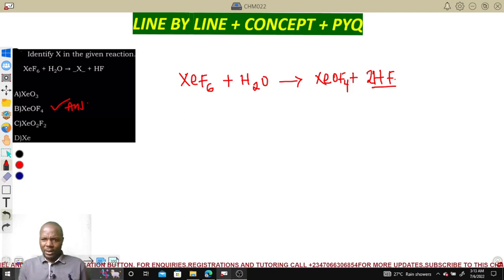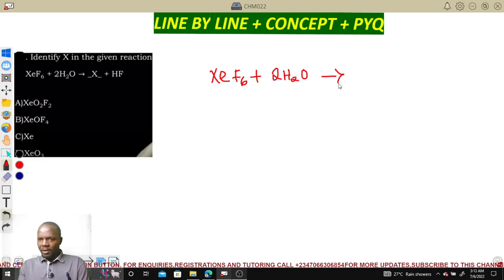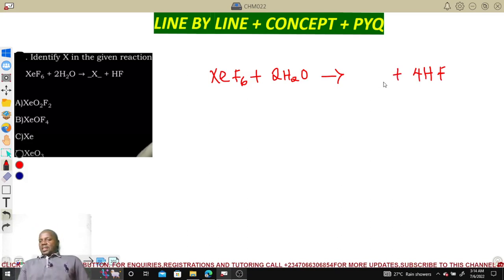The next one, 2 molecules of water, the same concept. SeF6 plus 2 molecules of water will give you, first of all, complete HF. What do you have here? 2 times 2, 4. Then the remaining compound will now be here. We have Se here.